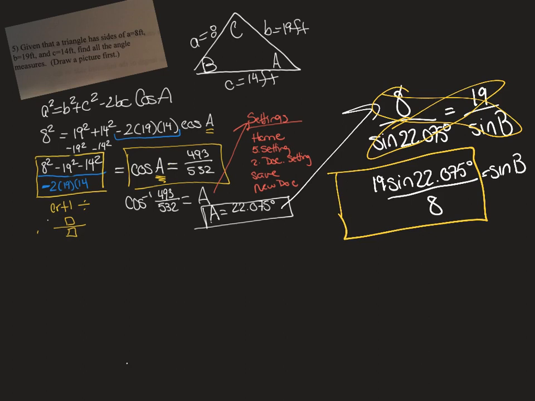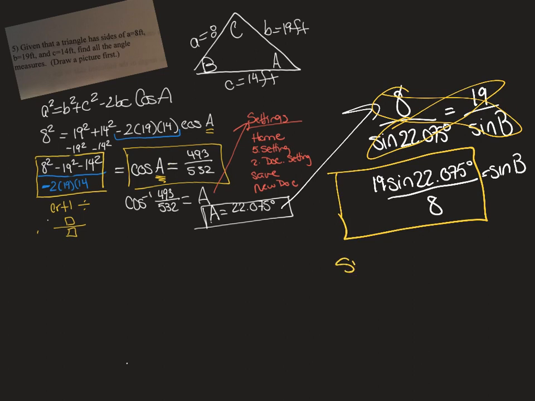Don't forget your degree symbol. Pretty please. So press your control divide, and then do 19 times, grab your sine under the trig button, then put your degree symbol, and on the bottom put 8.